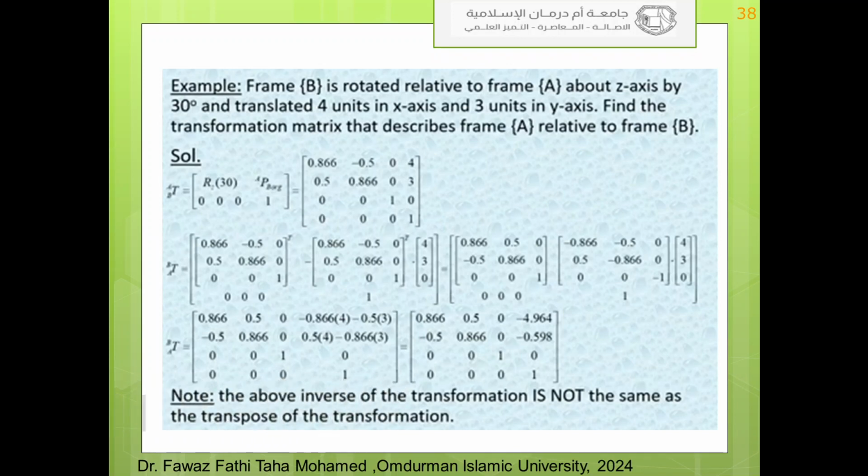Frame B is rotated relative to frame A about z-axis by 30 degrees and translated 4 units in x-axis and 3 units in y-axis.